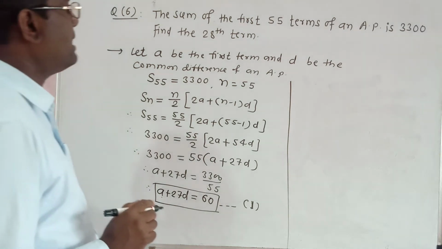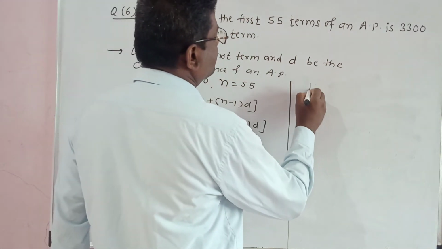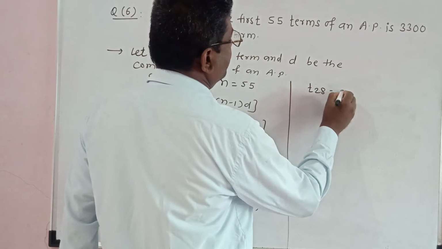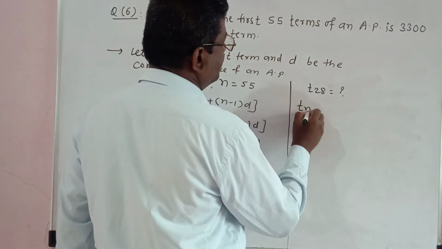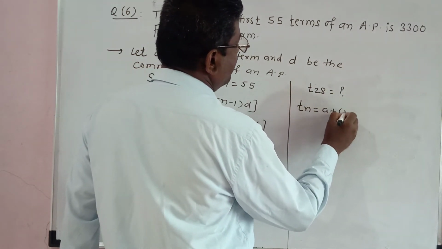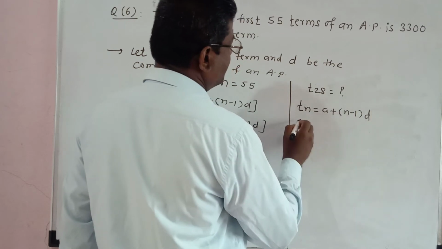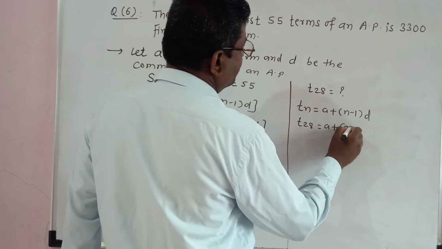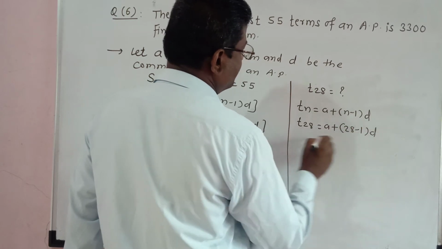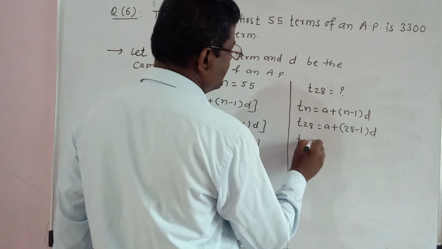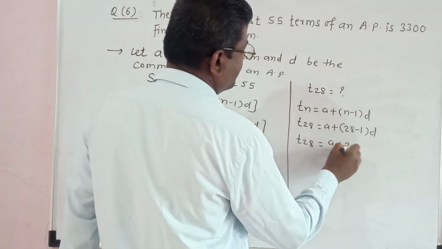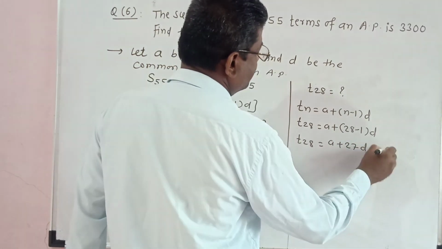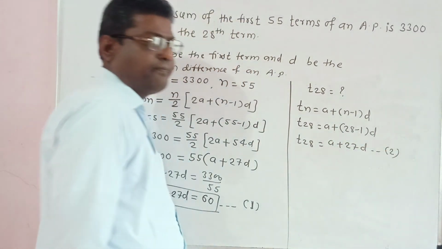Now we have to find the 28th term, that is T28. Formula for Tn is A plus n minus 1 into D. So T28 is equal to A plus 28 minus 1 into D. Therefore T28 is equal to A plus 27D. This is equation number 2.